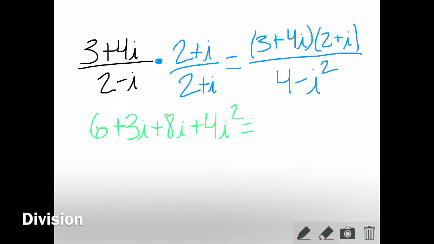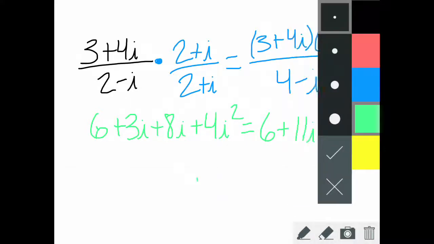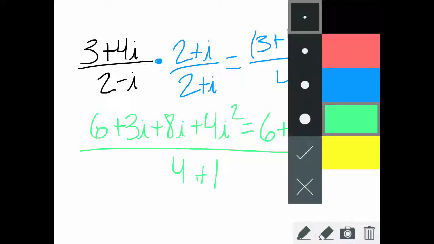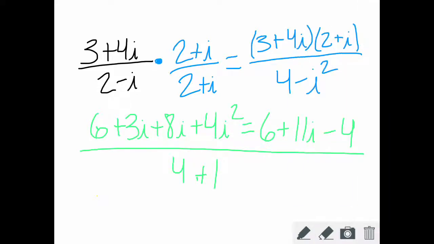So before we put down the denominator, what we are going to do is add the common terms. So of course it's going to be 6 + 11i - 4, because the i squared is negative 1, so 4 times negative 1 is negative 4. So now for the denominator. So 4 minus i squared is actually going to be plus 1, because negative 1 times negative 1 equals positive 1.